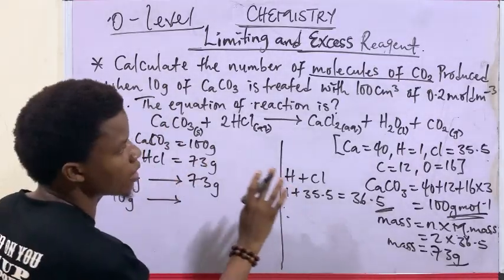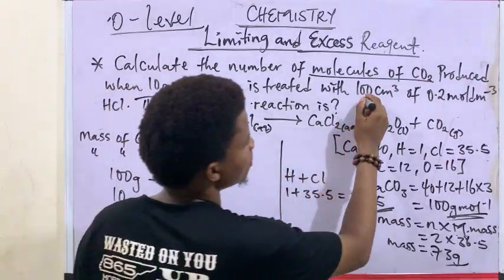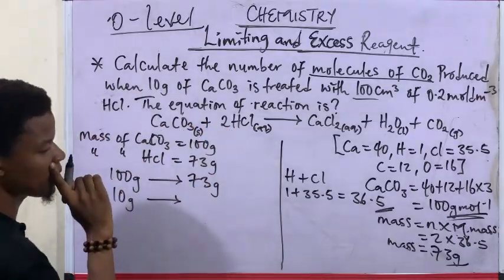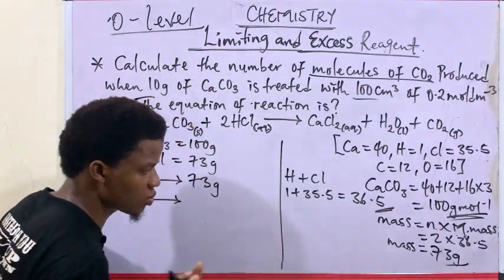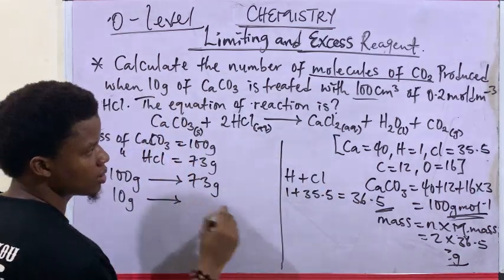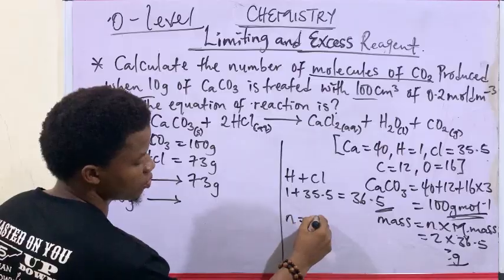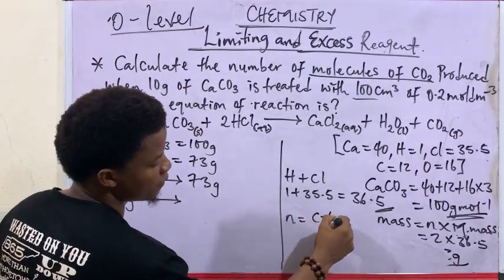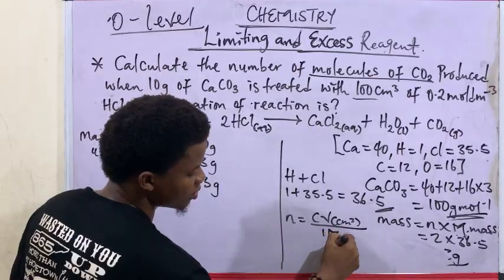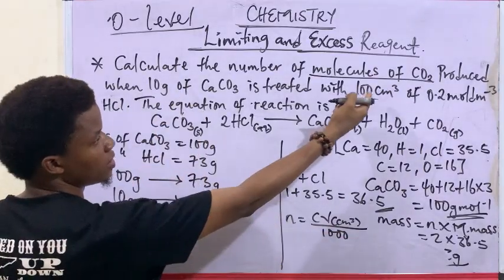Now, here comes a tricky aspect. We want to resolve this: 100 centimeter cube of 0.2 molar HCl. Remember a formula in stoichiometry which says that the number of moles n is equal to CV, where volume in centimeter cube is over 1000. Let's use this to get the number of moles of HCl in the question.